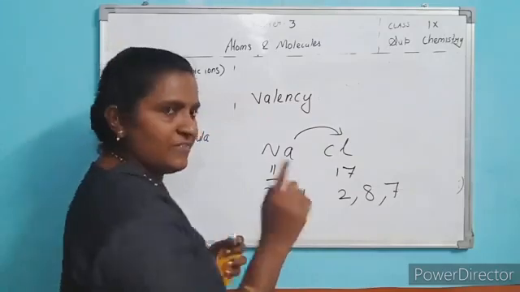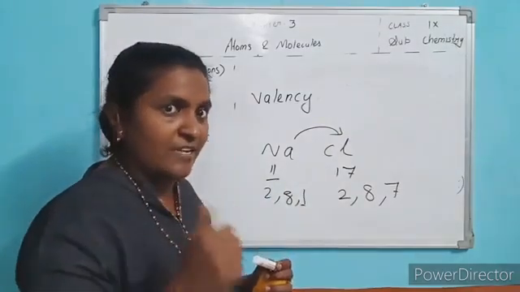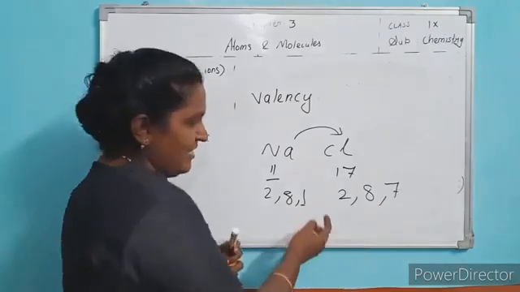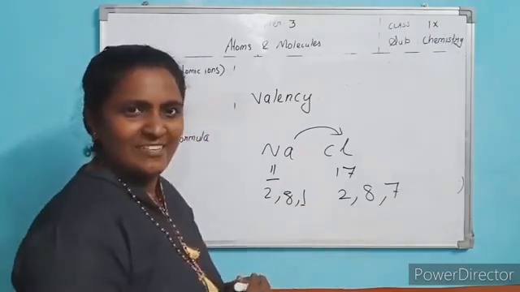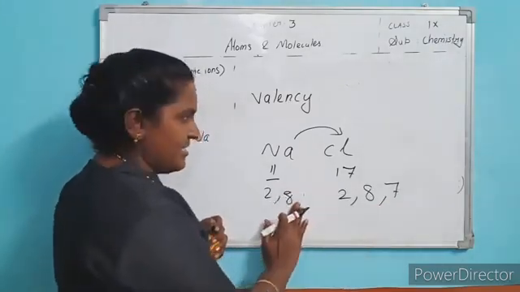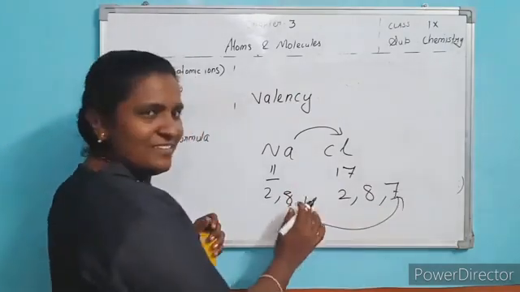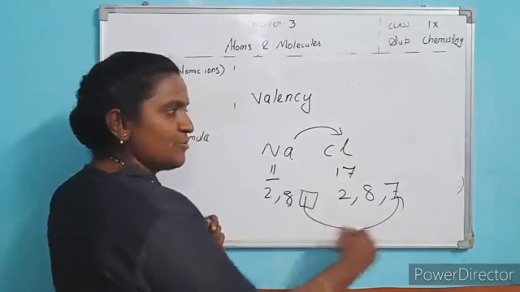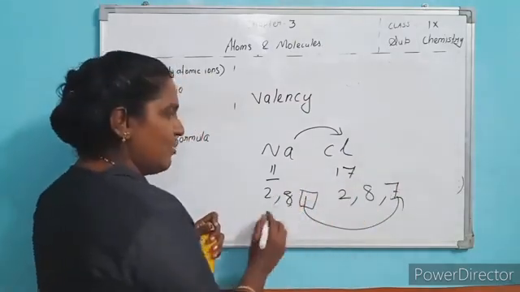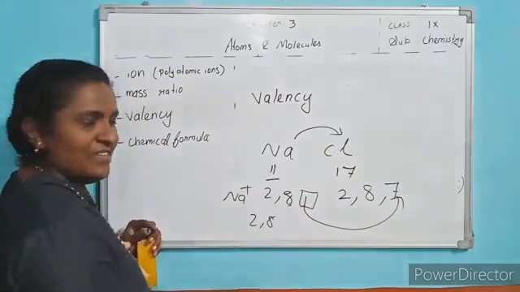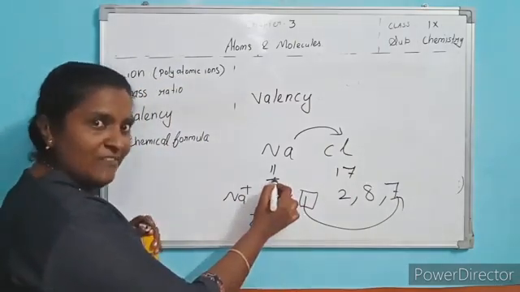If the last shell has 8 electrons, then we can say it is a stable element. Sodium does not have 8, and chlorine also does not have 8. So in order to get 8, that means stability, sodium donates this electron to chlorine. Now it has 2, 8 with Na plus charge. Earlier it had 11 electrons in total.